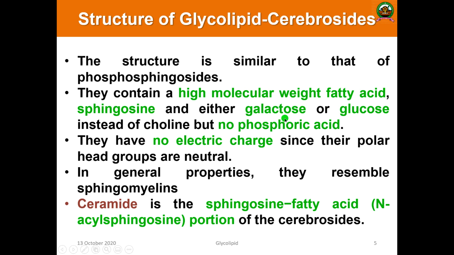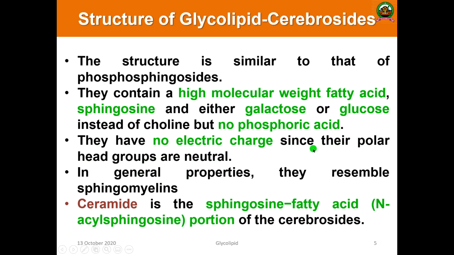If phosphoric acid is there, like in phospholipids, they contribute a negative charge, but here there is no phosphate, thus there is no electrical charge, and their polar groups are neutral.